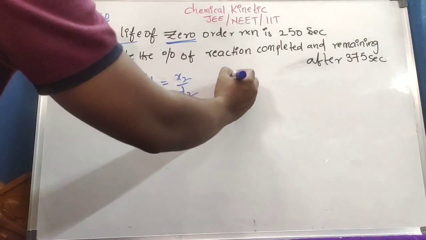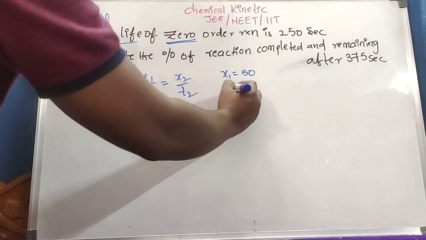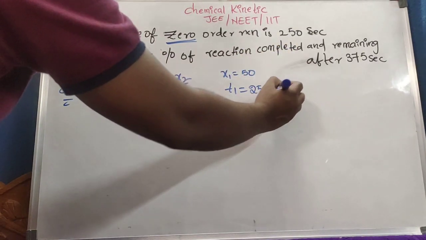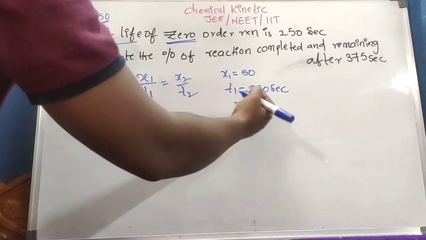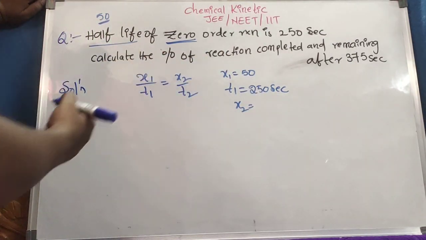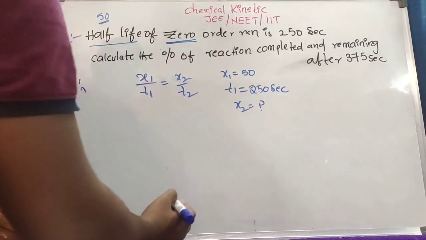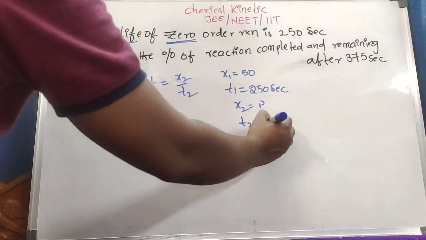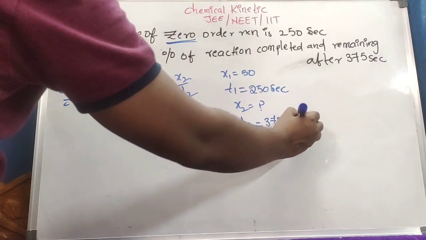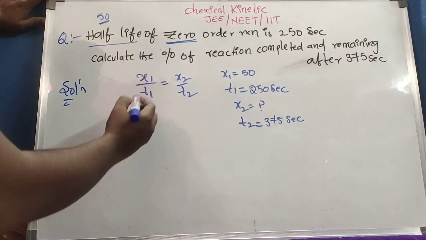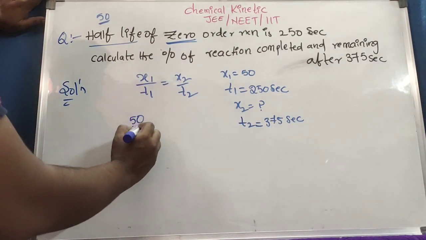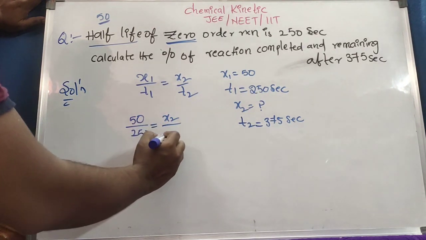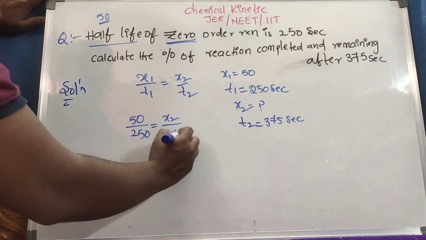So x1 is 50 and t1 is 250 seconds. And x2 we don't know, because we have to calculate the percentage of reaction, so it is a question mark. And t2 is 375 seconds.